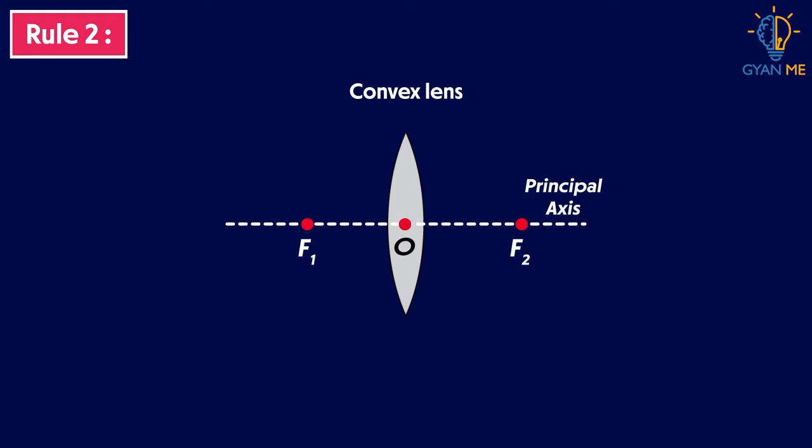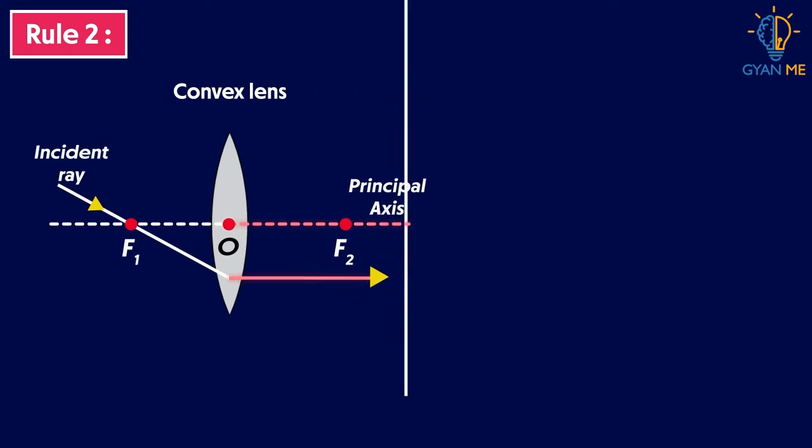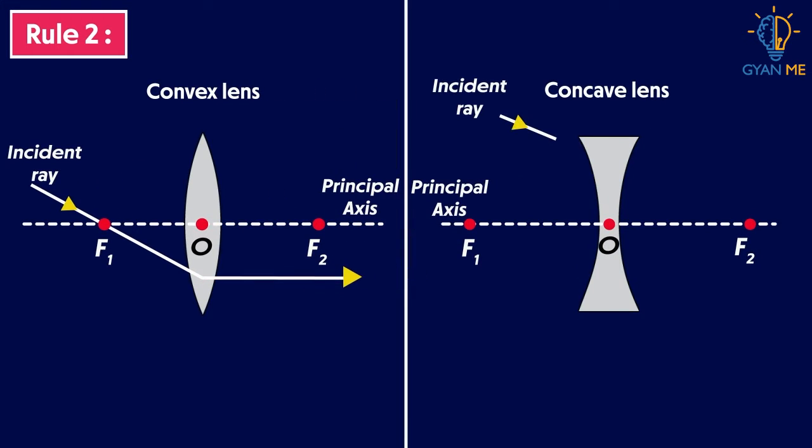It says that a ray of light passing through a principal focus, after refraction from a convex lens, will emerge parallel to the principal axis, while a ray of light that appears to meet at the principal focus of a concave lens, after refraction, will emerge parallel to the principal axis.